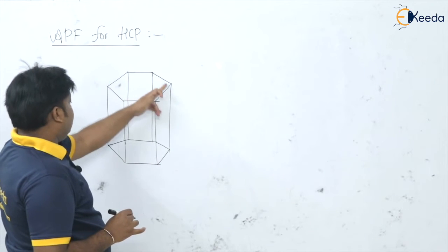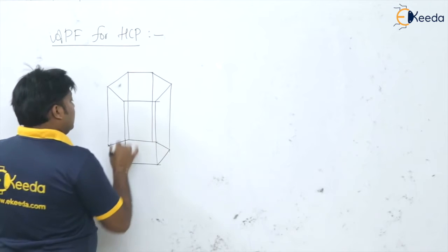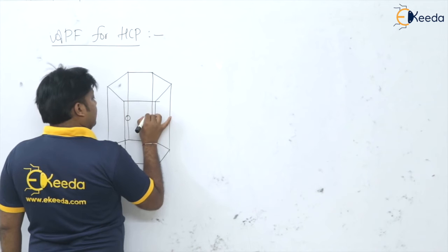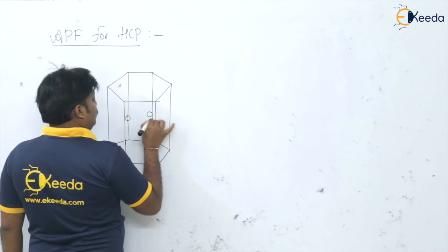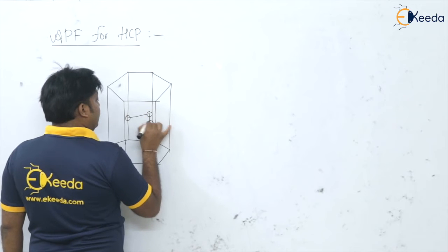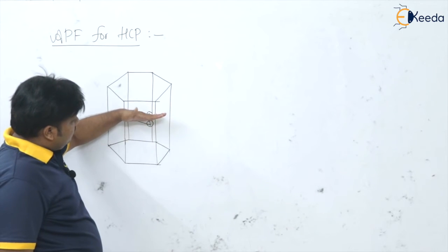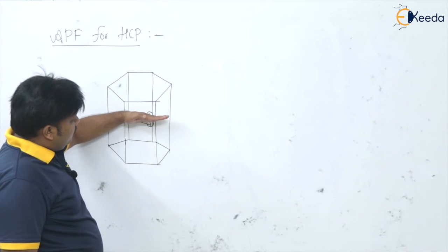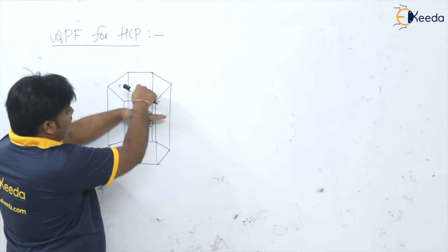It has 12 atoms at the corner, 2 on the face and 3 at the interior. So see here, I am drawing these 3 interior atoms. Of course they are in a single plane. It looks like this, but how are they placed? On this plane they are located, right? So the distance from here to here, the basal plane, and from here to here is the same.